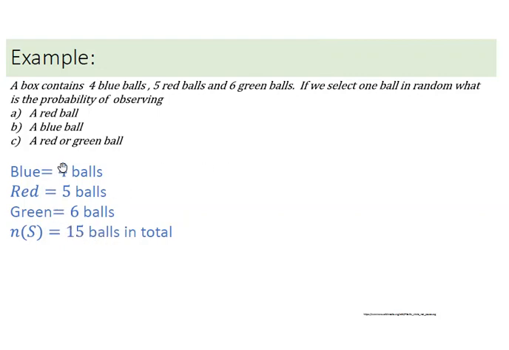You can see that in the box, in total, we have 15 balls. It's the number of outcomes in the sample space. So for part A, the probability of observing or picking a red ball.